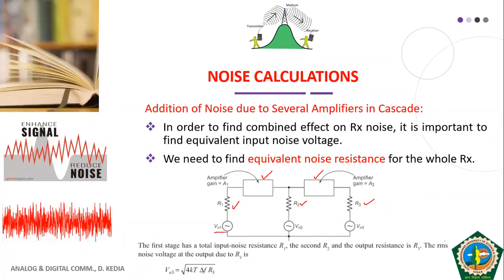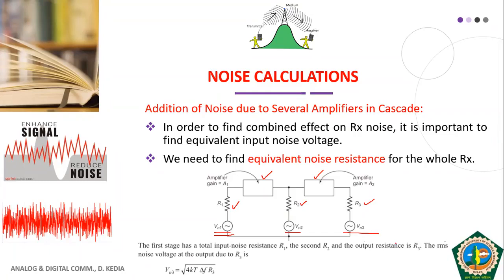The noise voltages of the individual resistances are represented as Vn1, Vn2 and Vn3 respectively. Now here we need to add the noise generated by these individual resistances. So what method should we adopt so that we can calculate the noise resistance easily?